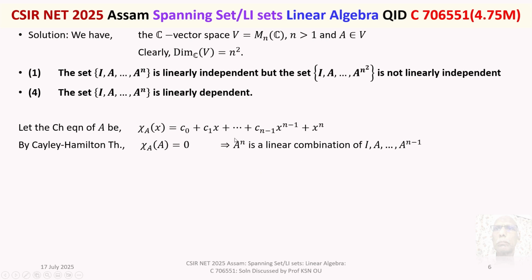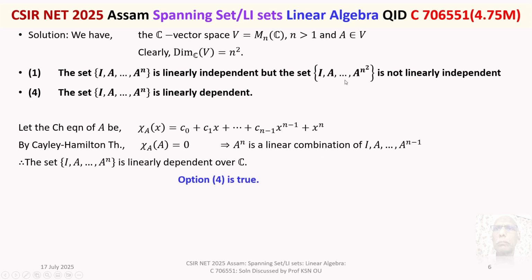That means A power n is a linear combination of I, A, etc., A power n minus 1. Therefore, the set consisting of I, A, etc., A power n is linearly dependent over C because one of the matrices, this matrix A power n, is written as a linear combination of the preceding elements. So, option 4 is true.